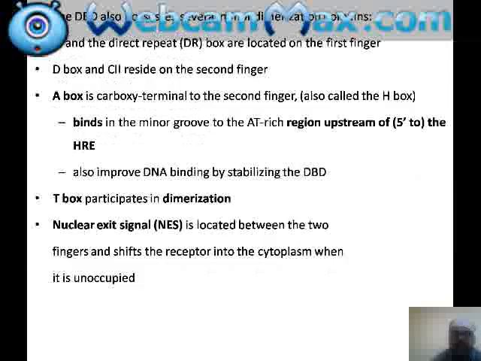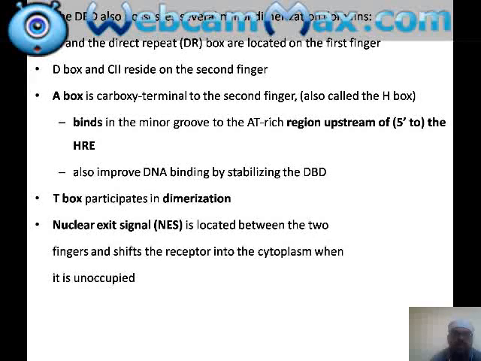Beyond this P box we have the D box, which along with some other factors helps in the dimerization process, which is the direct repeat called the DR box or D box, the C2 residue at the second finger, and the A box. This binds to the minor groove of the HRE, and also improves the DNA binding by stabilizing the DNA binding domain.